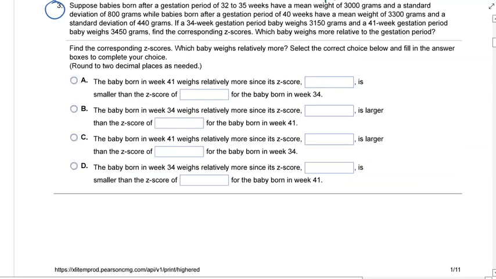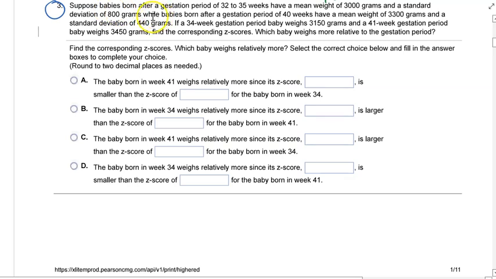Question number 3. This question is basically an application of the z-score in statistics, and this is a little bit longer question, so you've got to read very carefully. Suppose babies born after a gestation period of 32 to 35 weeks have a mean of 3000 gram and a standard deviation of 800 gram.